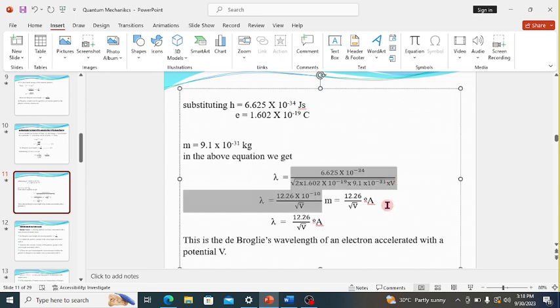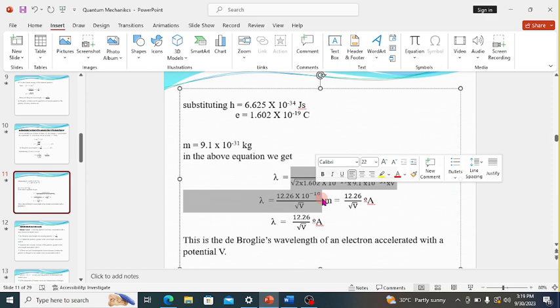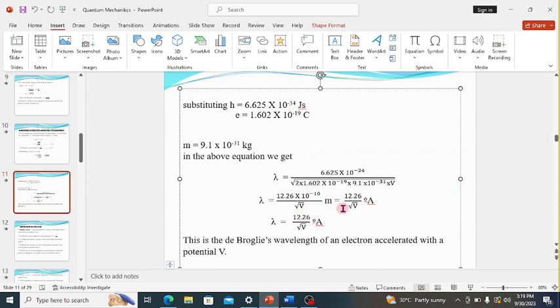Take out the calculators and calculate and check whether you are getting this answer or not. So lambda is equal to 12.26 into 10 power minus 10 by root V meters. So 10 power minus 10 meters is nothing but 1 angstrom. So 12.26 by root V angstroms.